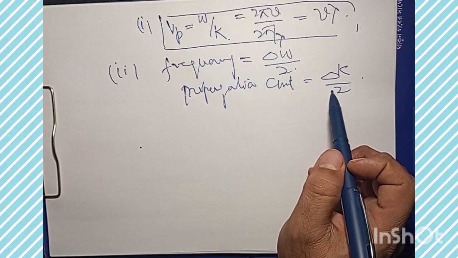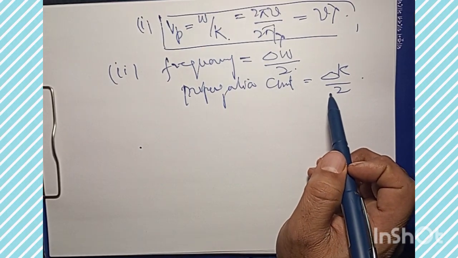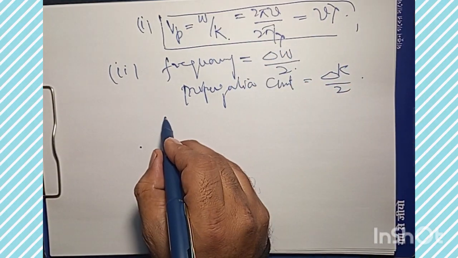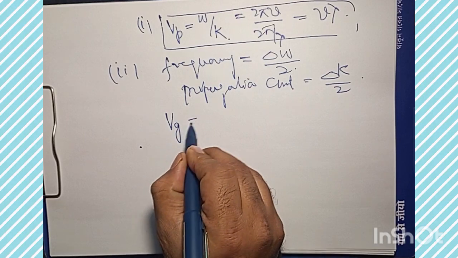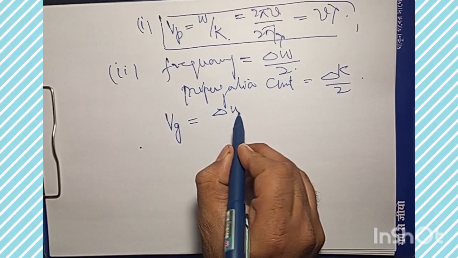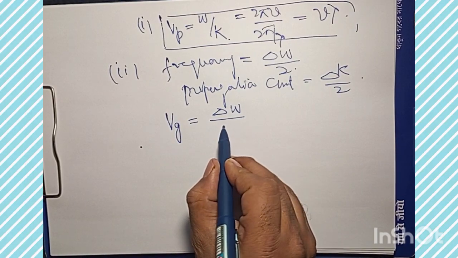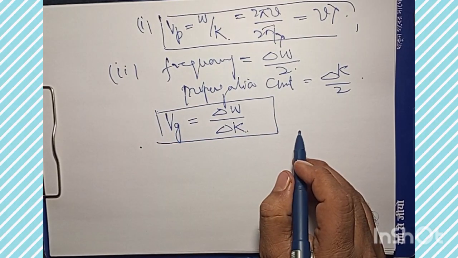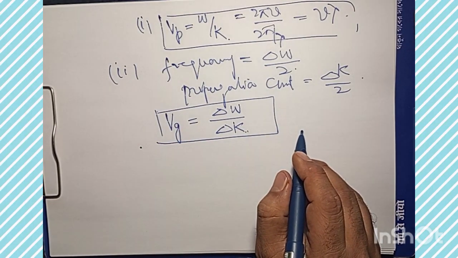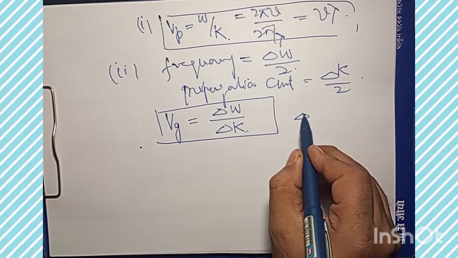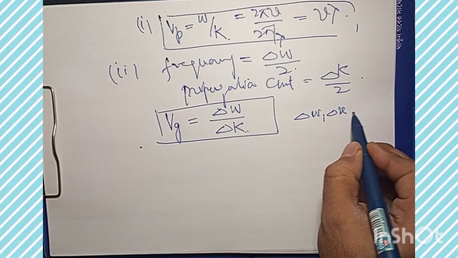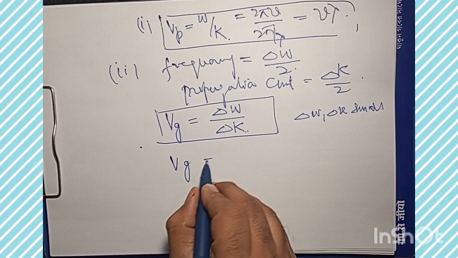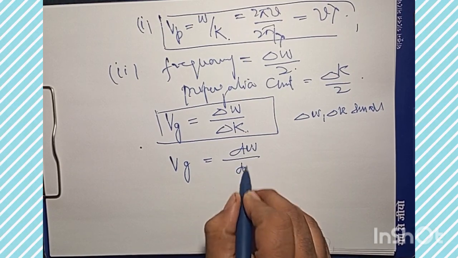Now this modulated group of waves moves with the velocity known as group velocity, and that will be delta omega by delta k, right? And this delta omega by delta k is called group velocity. Now if we choose this delta omega and delta k extremely small, in that case we can write the group velocity as d omega by dk.